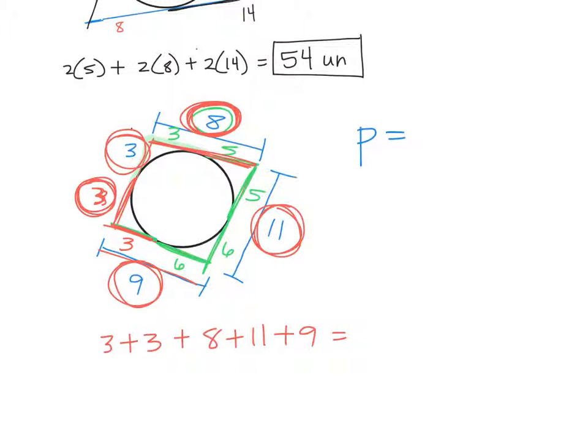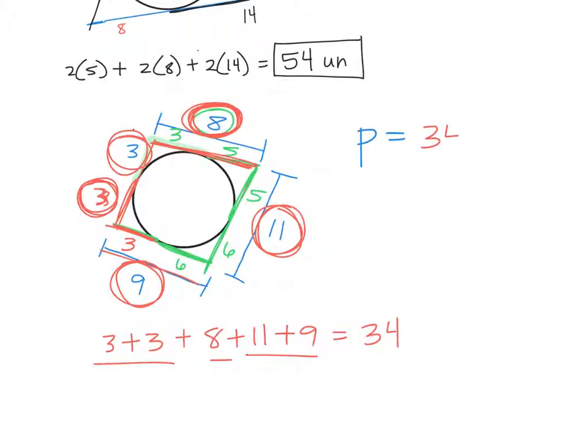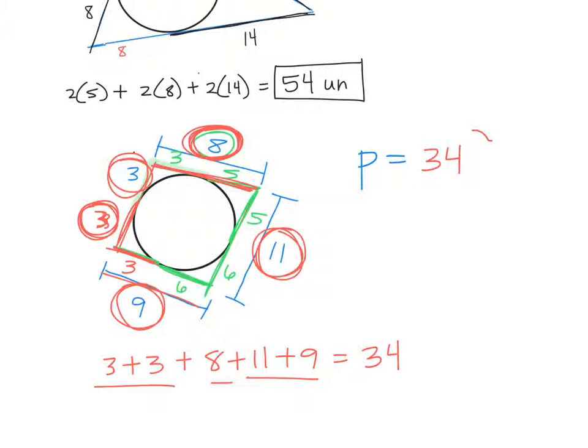So you add that all up. Let's see, 28 and 6 is 34. So your perimeter would be 34 units. Okay, questions on that?